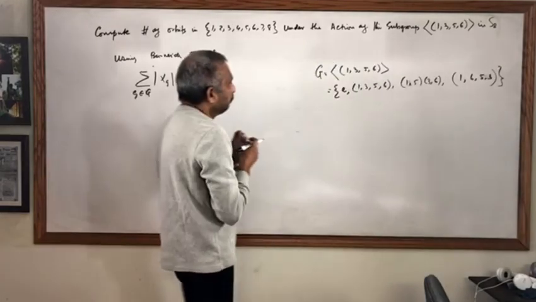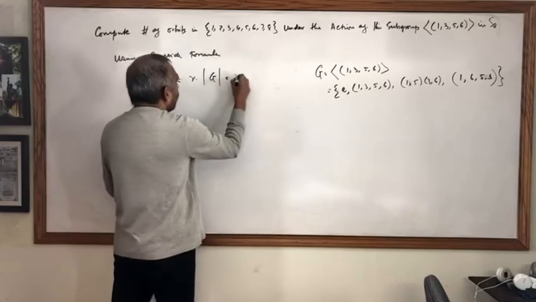So there are 4 elements, so this is equal to r times 4.